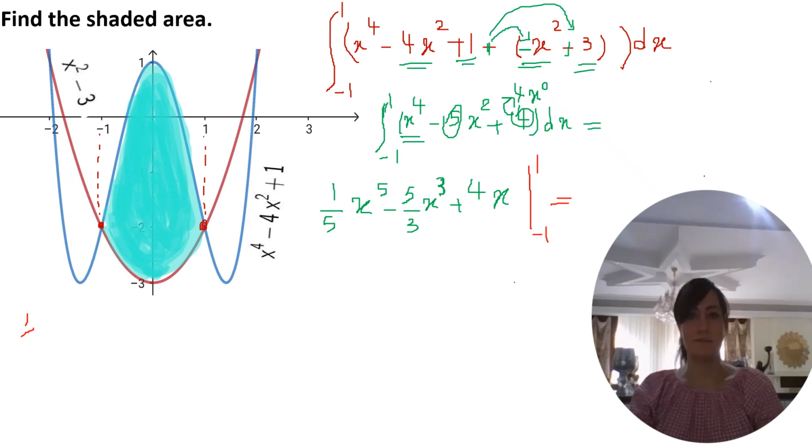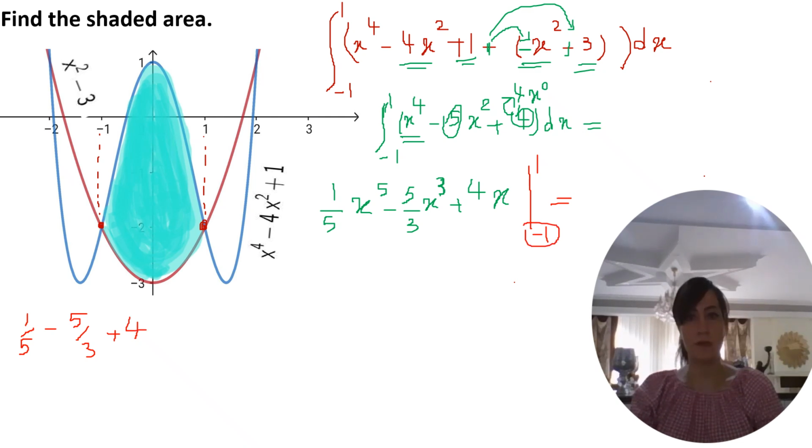If I substitute 1 in this expression, 1 to the power of 5 gives me 1, so the first term is 1/5, minus 5/3, since 1 to the power of 3 gives me 1, and 1 times 5/3 gives me 5/3, plus 4 times 1, which gives me 4.